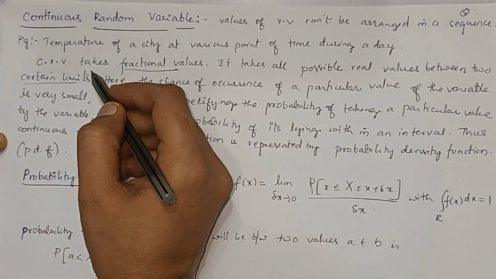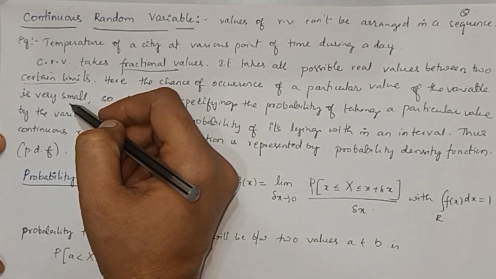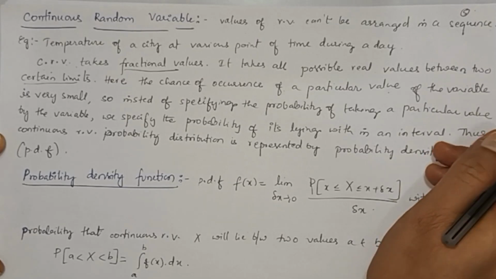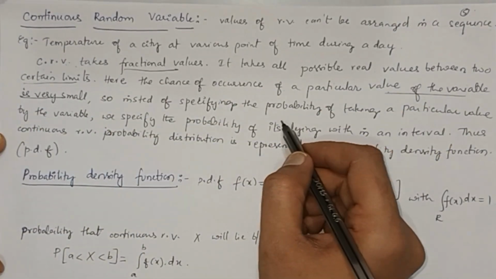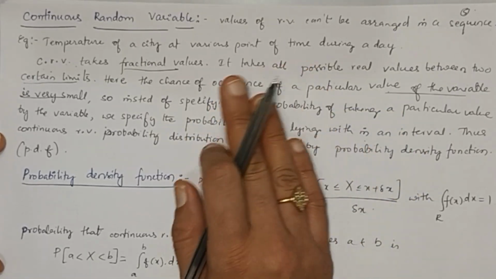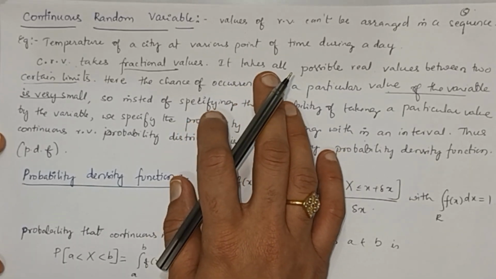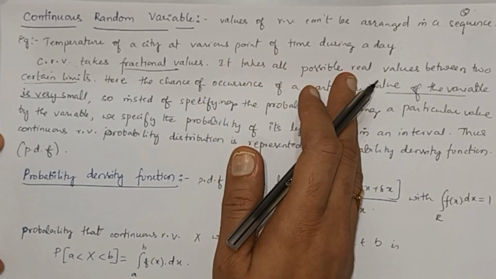One more example is height of a person. That also takes fractional values. Here the chance of occurrence of a particular value of the variable is very small, because it can take any random value in between two values. So for example, height of a person, generally in a class I'm taking, it may be in between 4 feet to 6 feet.